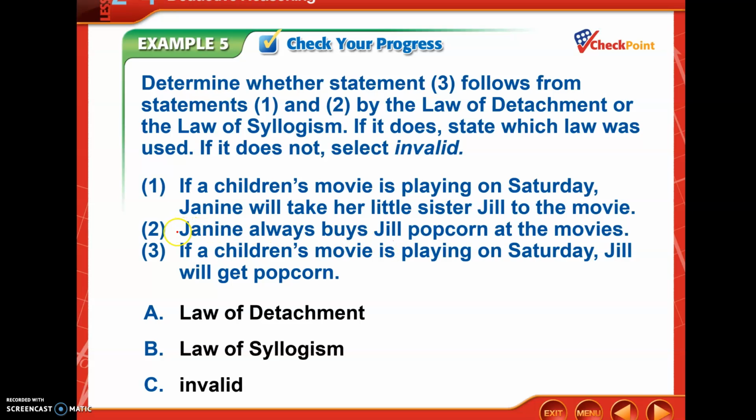If a children's movie is playing Saturday, Jill will get popcorn. So this is law of syllogism because I have 3 if-then statements. And I took the then here, Jill goes to the movies. Then Janine will always buy popcorn. And so I took the if here to the then there. So that would be law of syllogism.